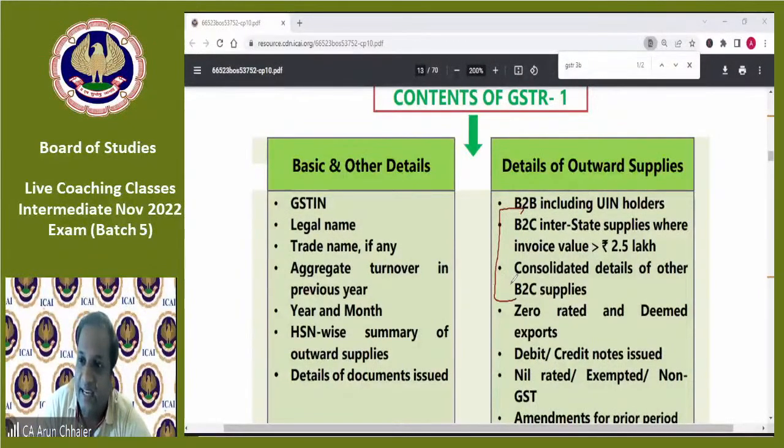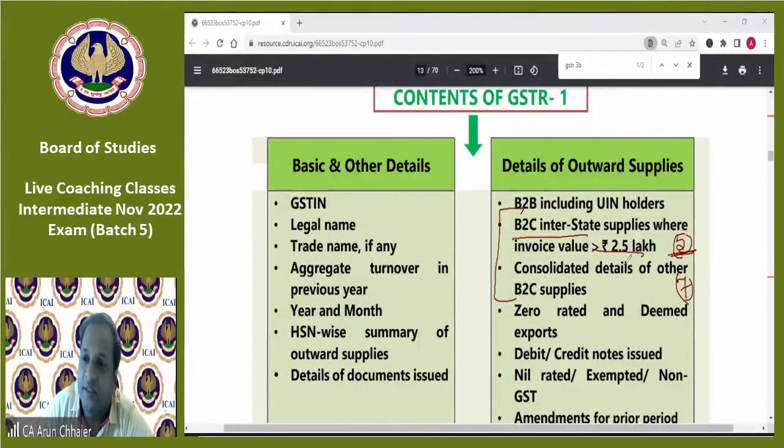In the GSTR1, currently you are not required to know the forms in detail, but in the GSTR1 there is table 5 and table 7. What is the difference? See, table 5 is talking about B2C transactions, interstate, large value.